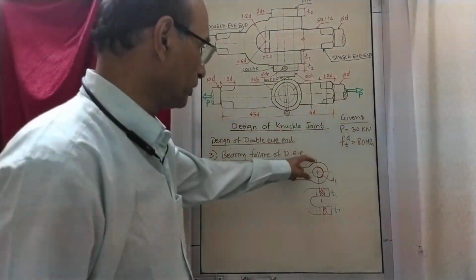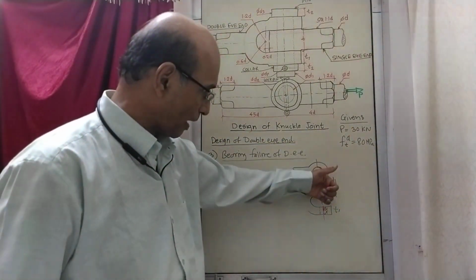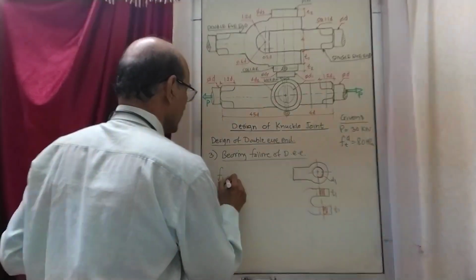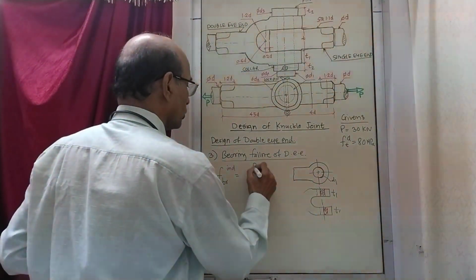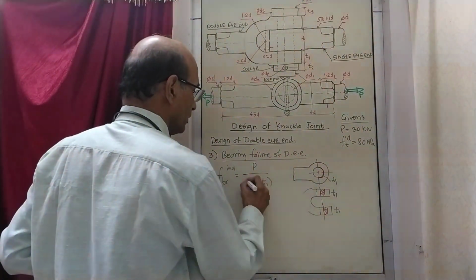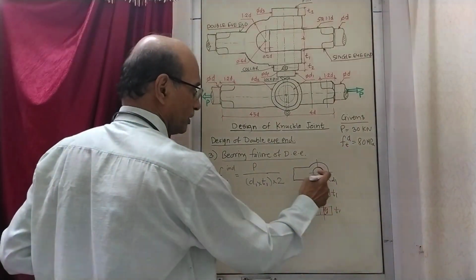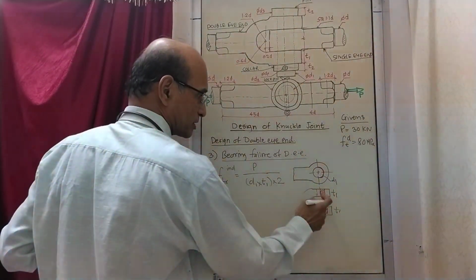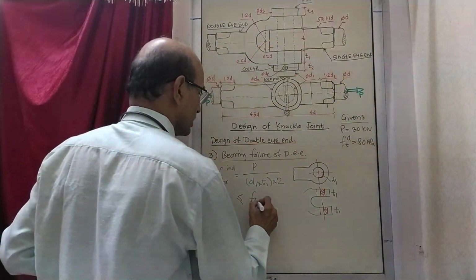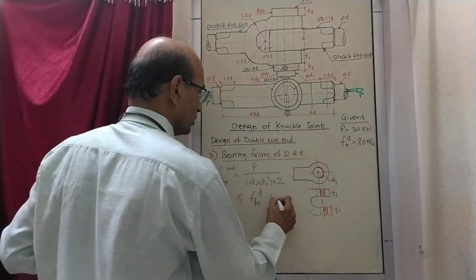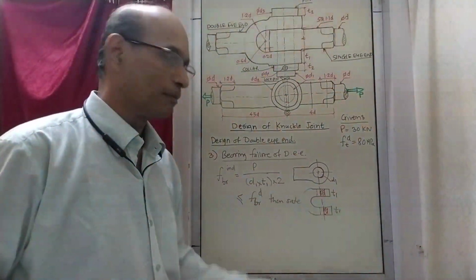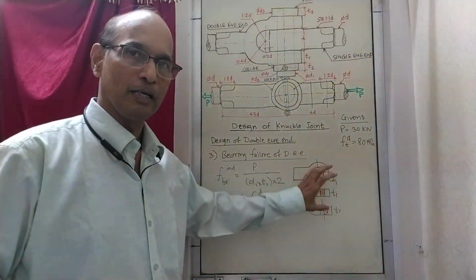So what we do is now we take the projected area of this curvature at two places, once here and once here. So that comes as a bearing induced is equal to load upon area. Now area is D1 into T1 taken two times. D1 is this, T1 is this, and taken two times. So this is the bearing induced stress, which should be less than the bearing design stress to make it safe. So we have checked the bearing failure of the double eye end also.